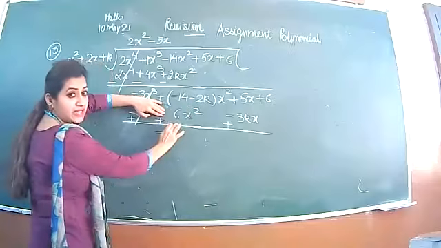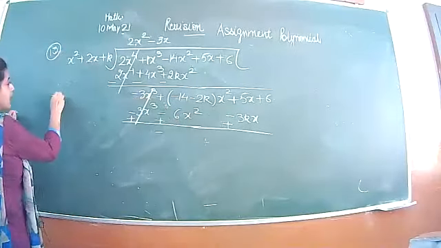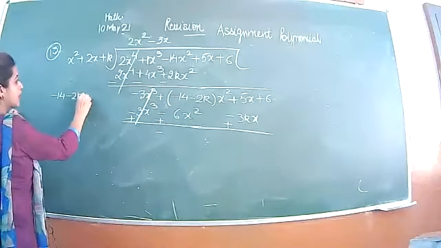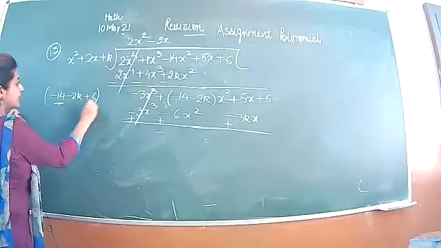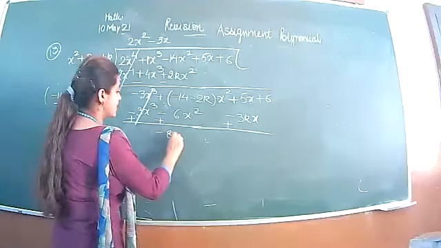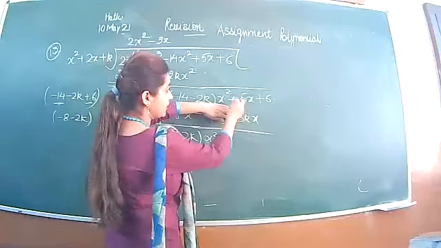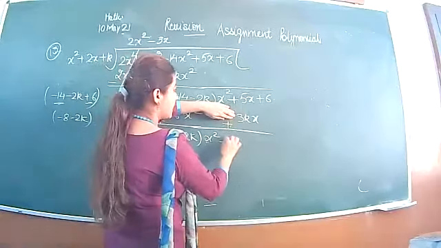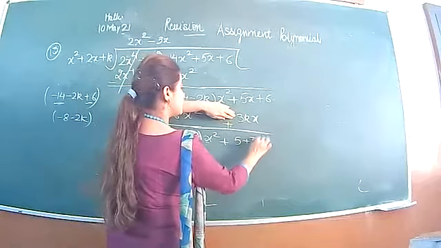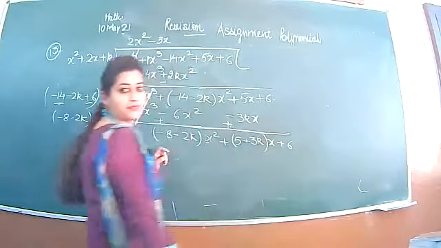So, we will add them in the rough because two same terms are there. Minus 14 minus 2k plus 6. What will come? Minus 8 minus 2k. Minus 8 minus 2k x square. These will become plus. 5 plus 3k x plus 6.